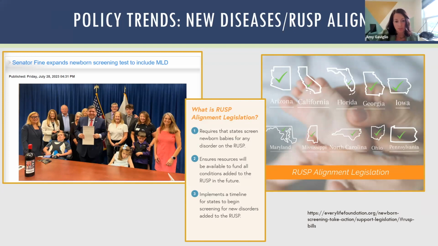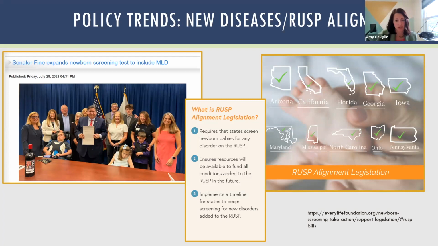And so an effort largely led by the Every Life Foundation, known as RUSP alignment legislation, is a big focus area. And this is very similar to the example that Molly showed with Arkansas in terms of putting in place requirements for programs to start screening for diseases that have been approved for inclusion on the RUSP within a defined time frame.